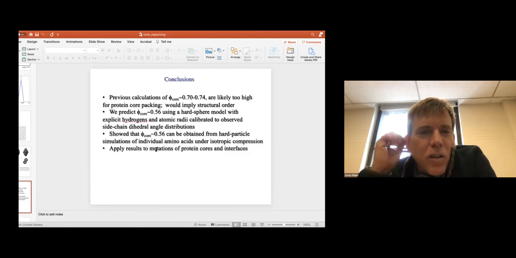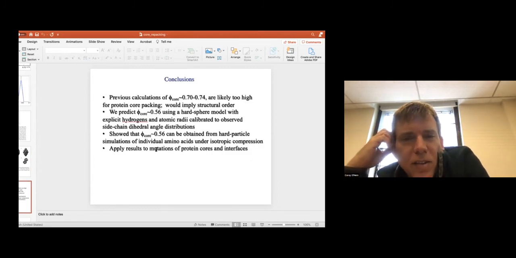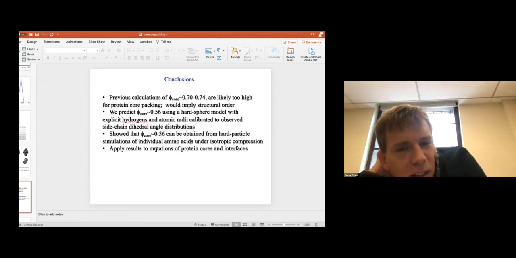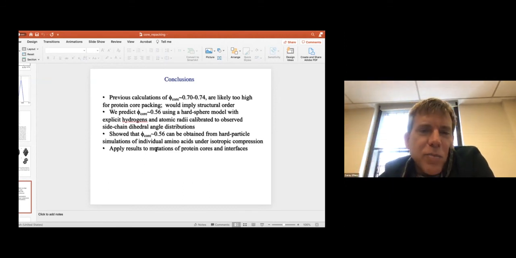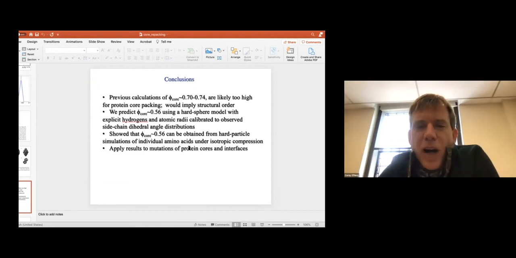So with that, I'll conclude this slideshow and this section on protein core packing by stating these conclusions. The previous calculations of packing fraction in the range of 70 to 74 percent by Ken Dill and a lot of others, where they use the extended atom model for proteins, are likely too high.